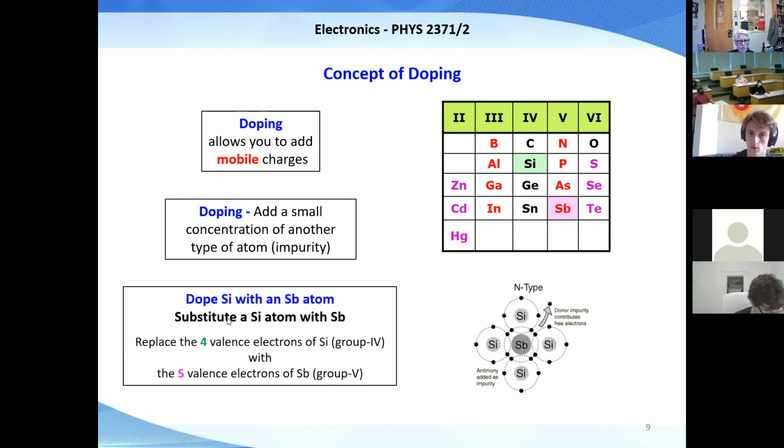So if you dope it with antimony, you take the silicon out, which had 4 valence electrons. You put in antimony, which has 5 valence electrons. So 4 of those antimony electrons go into the bonding, but then there's 1 left over. And this is mobile, and so it can be moved around.